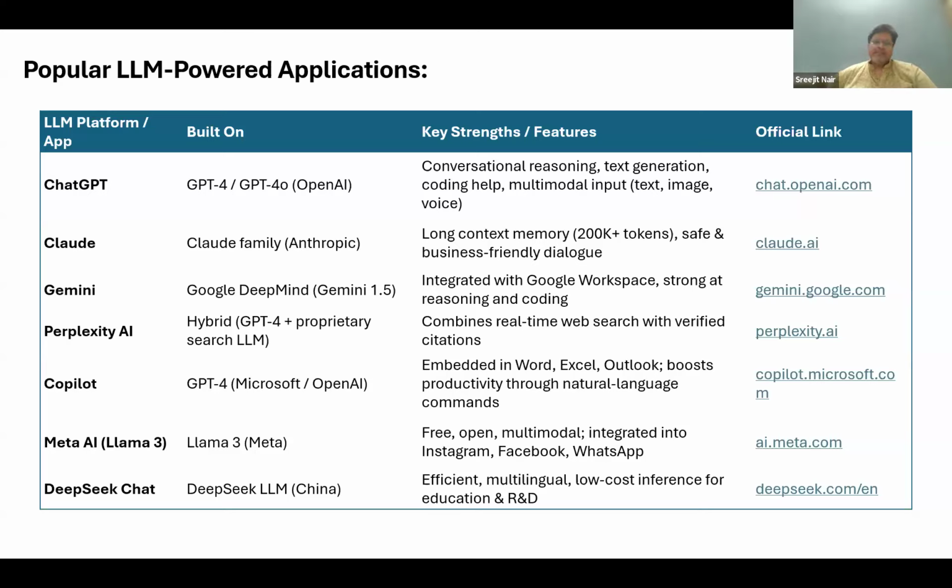Claude has been created by an organization called Anthropic, and it focuses on long context memory, and it is one of the most creative large language models that you can look at.